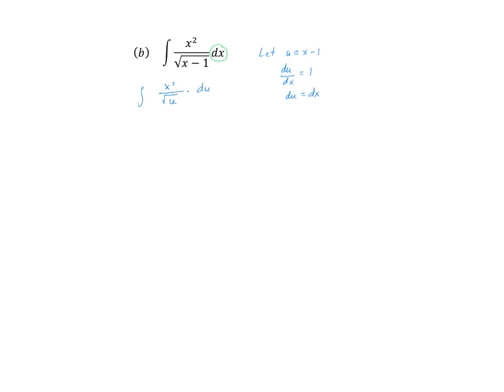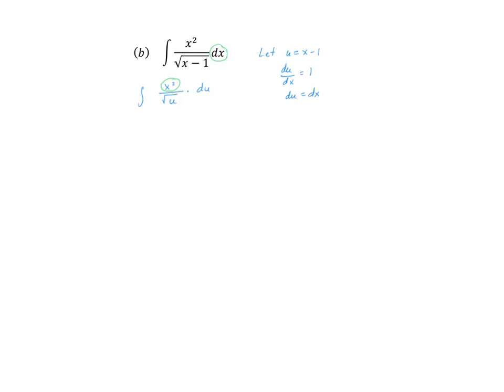So I have a problem here. The problem is I was not able to get rid of my x squared. It didn't cancel, and I cannot evaluate this integral until everything's in terms of u.